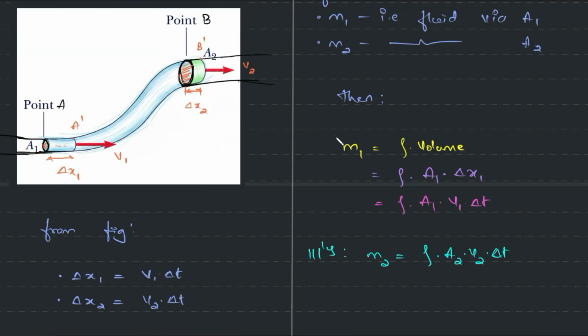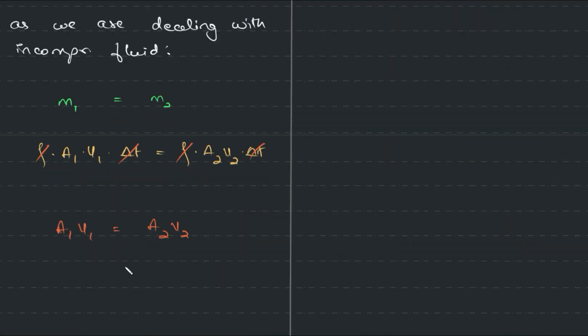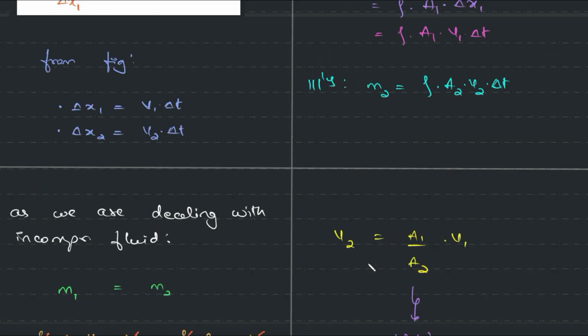So in our diagram, A1 is less than A2. So if I rearrange, V2 will be given by A1 into V1 over A2. This is a less than 1 case because A1 is less than A2. This value will be less than 1. Therefore, V2 will be less than V1.